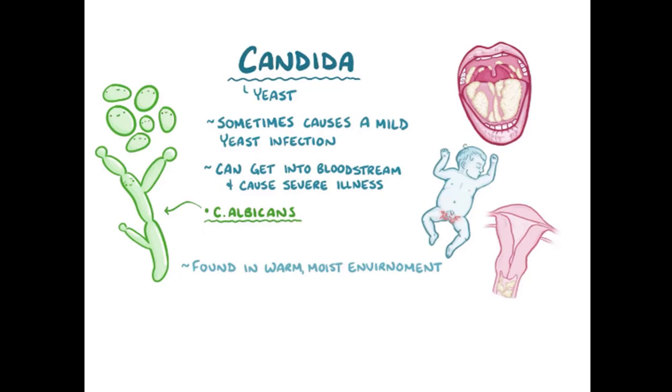And similarly, the female vagina is warm and has secretions from the glands, which provides a warm and moist site, the favorite site for the growth of Candida albicans.